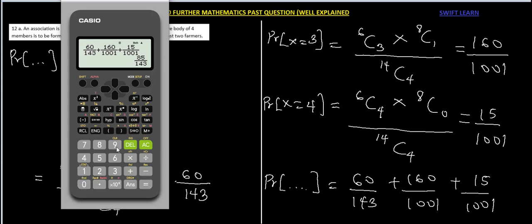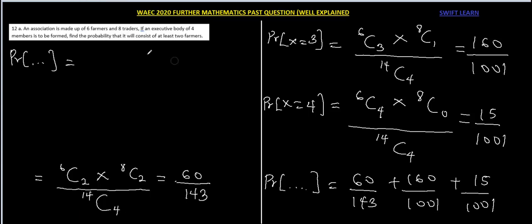So what is our final answer? Our final answer is 85 divided by 143. So this is our final answer. We'll be solving question 12b now.